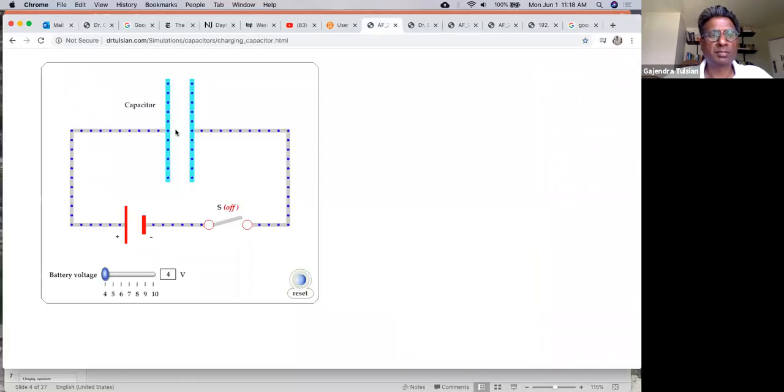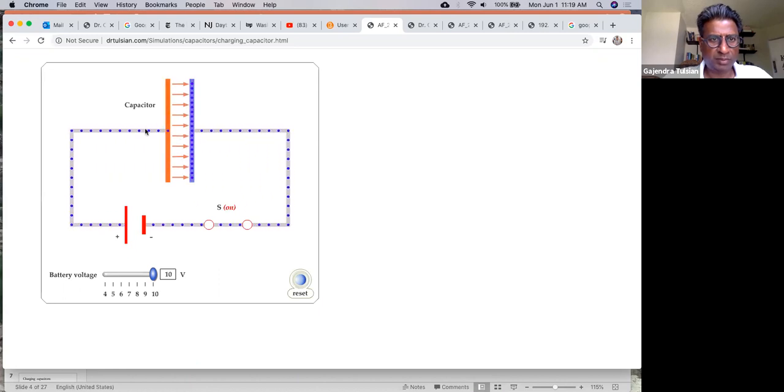Here's a parallel plate capacitor. Here's a battery. This is the switch. What we'll do is connect a 10-volt battery to the capacitor. Now we'll close the switch, and electrons flow to this plate.